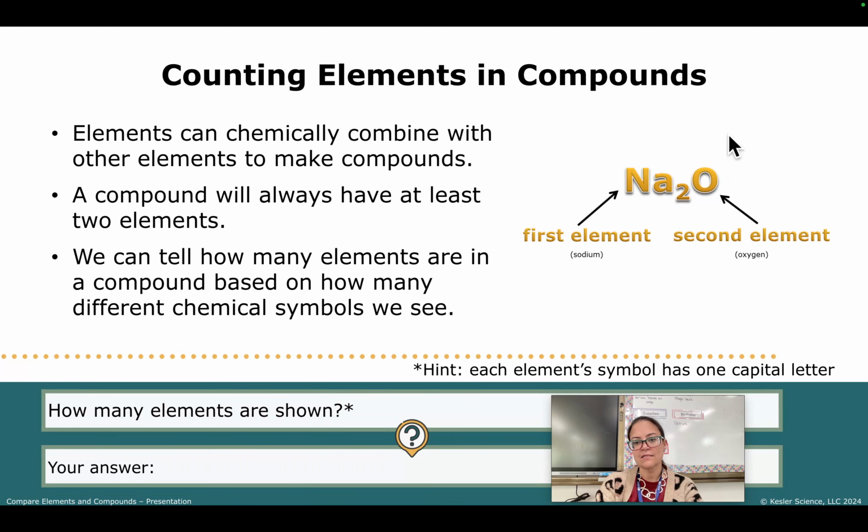So in this compound, we have two sodium, so Na2, and then an O. So we have one capital letter, and then a second capital letter. So we know that this compound has two different types of elements inside of it. Just count your capital letters. If we had NaCl, like we did with table salt, again, two capital letters, a capital N and a capital C, two elements in that compound.